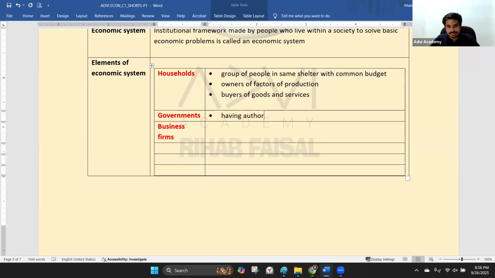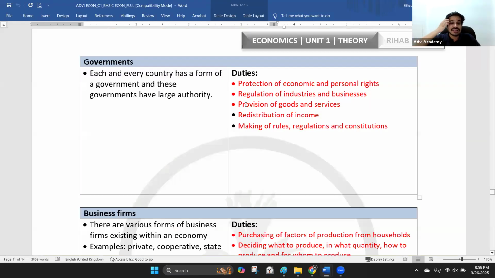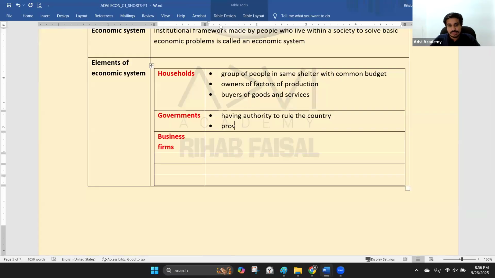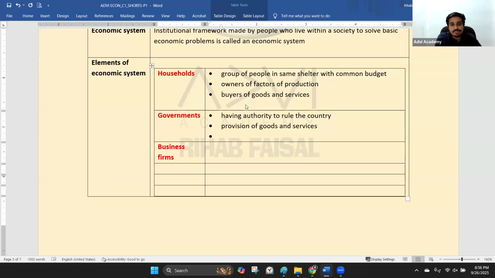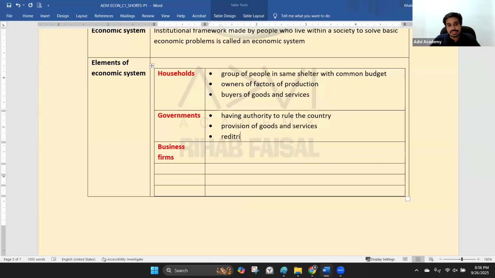Having authority to rule the country. They're the ones who are voted in, basically. So what are their main duties, right? We can say provision of goods and services on public welfare, if they're giving to people, right? They are the ones who have to decide on redistribution of income, which we'll study.